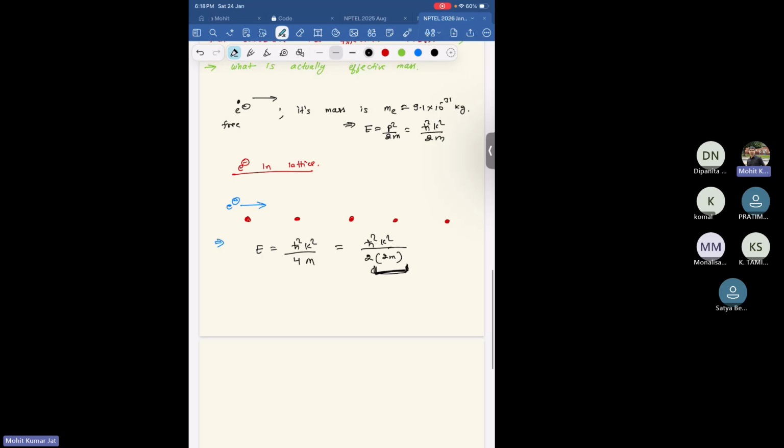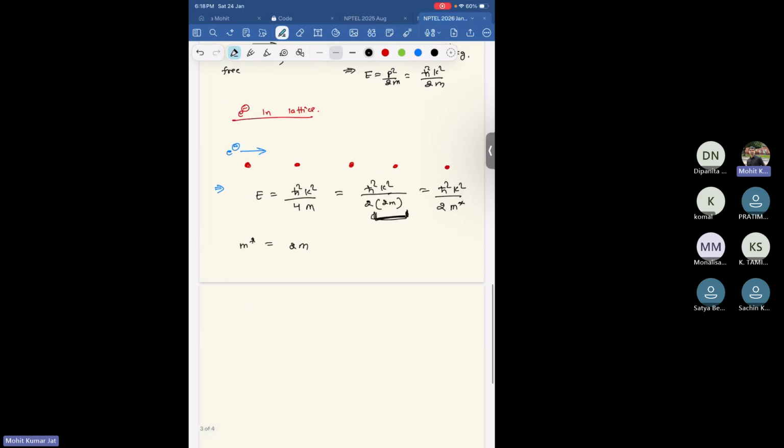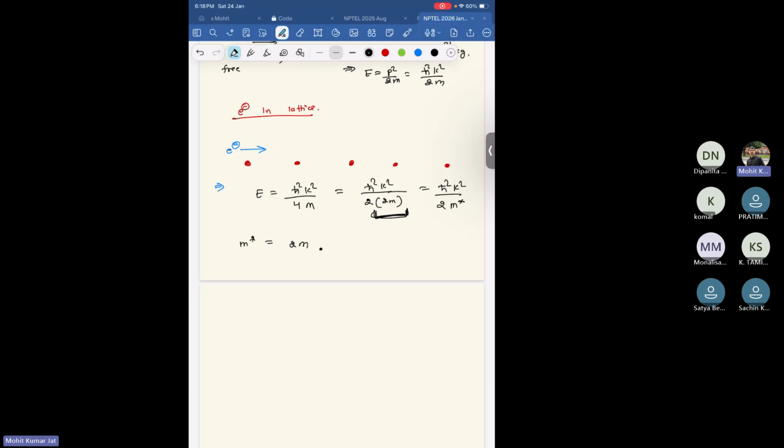And this is what is known as effective mass. So this m star will be 2m for this case. But there is another way, since here the dispersion was very simple, so you can just model it like this.